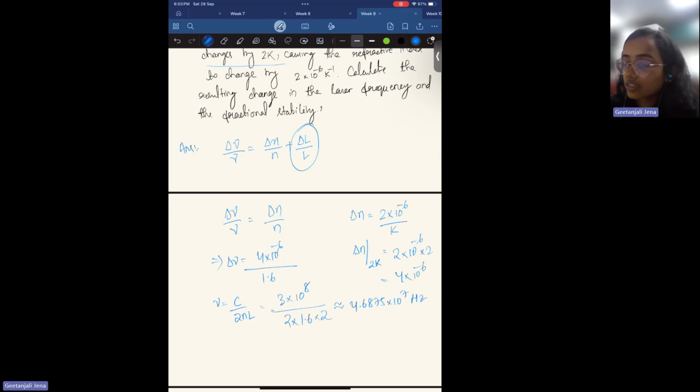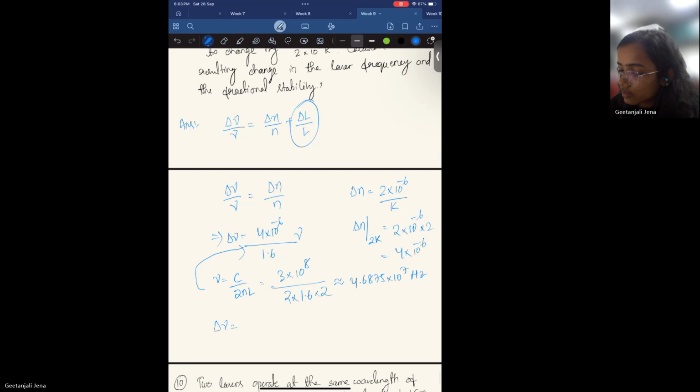Okay. And from nu, delta nu you can calculate by using this. So it will be 4 into 10 to the minus 6 divided by 1.6 into 4.6875 into 10 to the power 7, which will come around 117.1875 Hz.